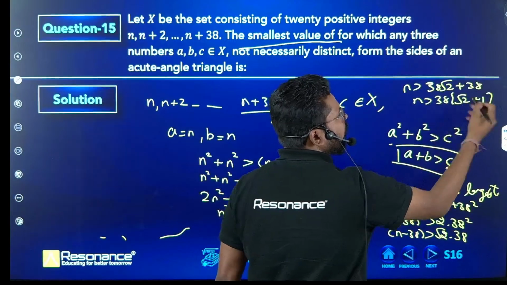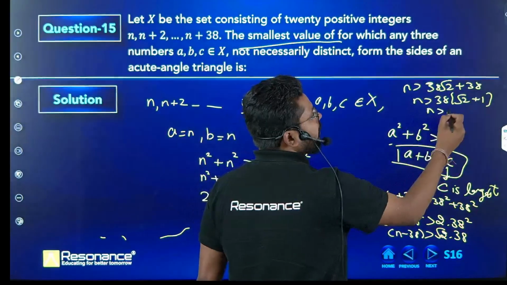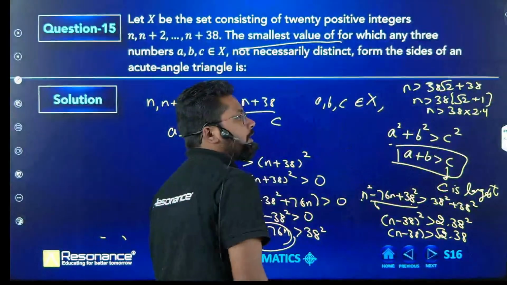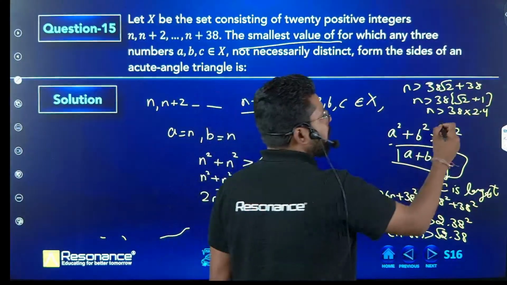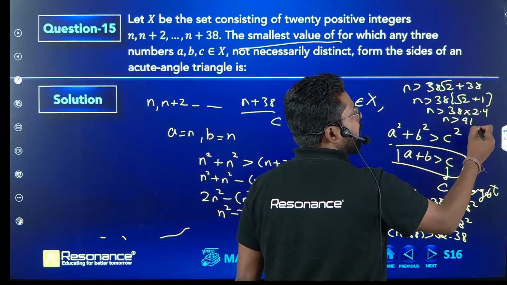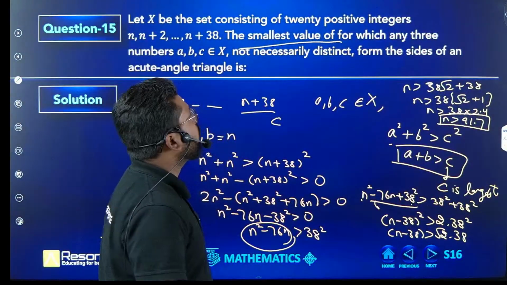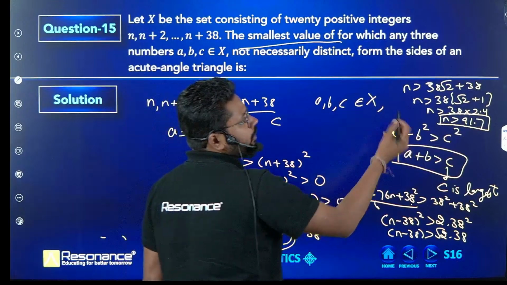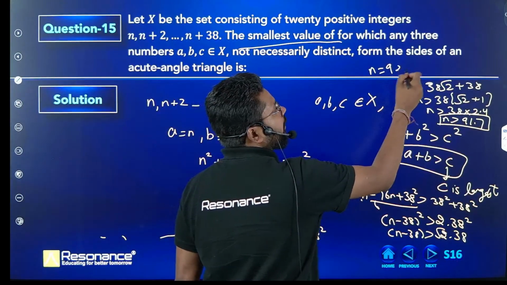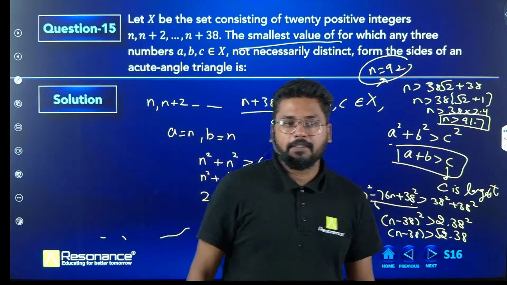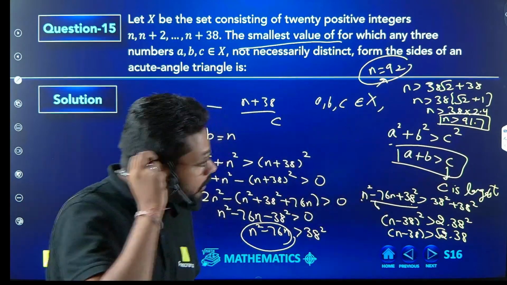Root 2 is almost 1.4, so n is greater than 38 into 2.4. If you multiply 38 by 2.4, you will get approximately 91.7. So the nearest positive integer is 92. So our answer is 92 for this question. n is equal to 92. So our next question will be discussed by the next sir.